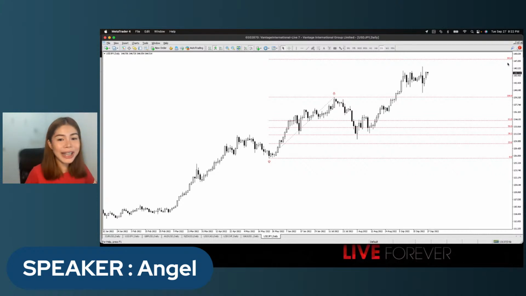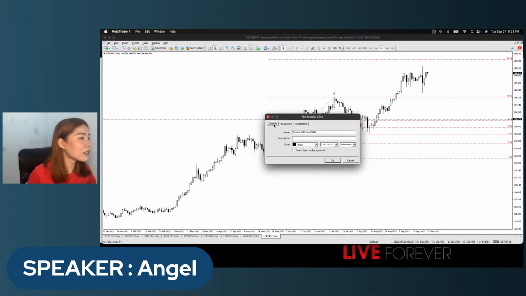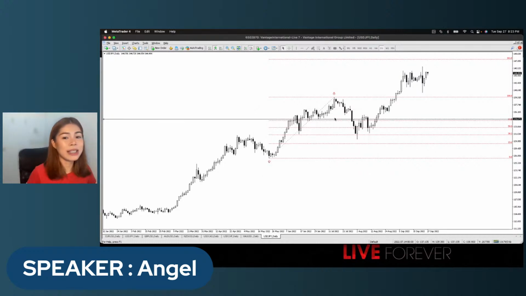Now that I have identified the support and resistance levels, how do I put this into my personal trades? For example, the first one over here, you could put your buy somewhere here. Let me change the color so you could see it clearly.